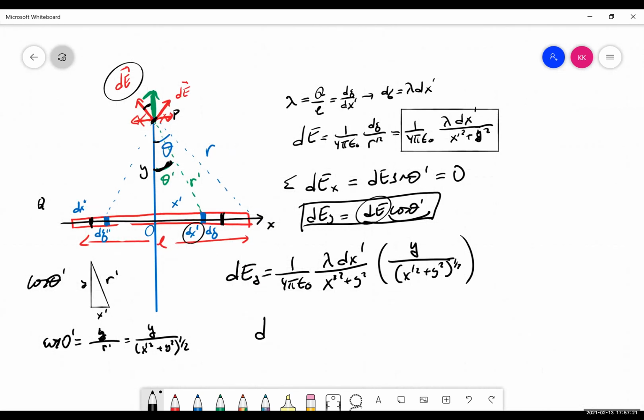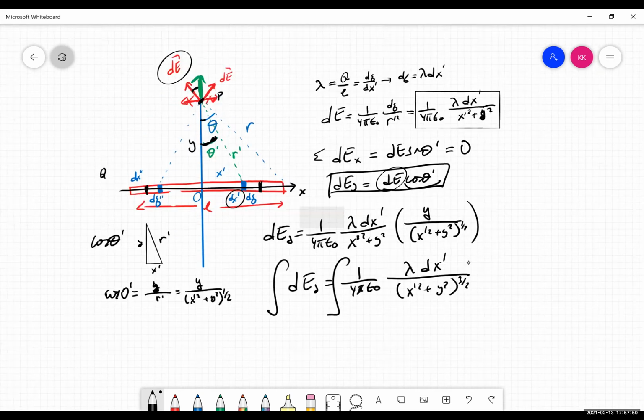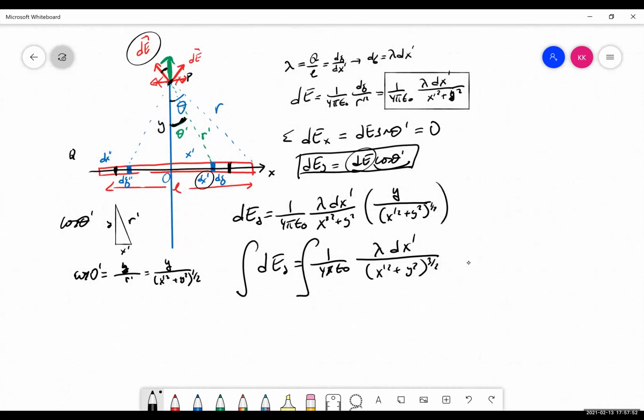That means this dEy expression is going to be 1 over 4 pi epsilon naught lambda dx prime, combining the denominator, over x prime square plus y square to the 3/2. Okay. All right. So then what I do is integrate both sides. The left side, the integral of dEy, gives me Ey.